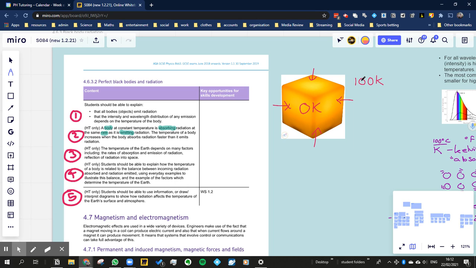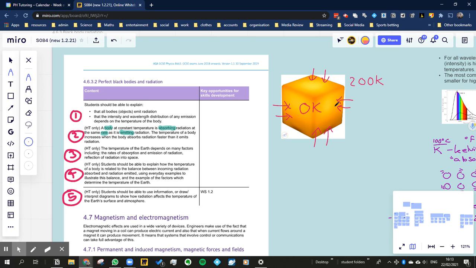Now, if the energy outside was 200, then the energy would be going into the cube much faster, so we can represent that by drawing multiple arrows. More arrows suggest how quickly the energy is going in, so how much energy is passing into that body per second. That's how much it's absorbing the radiation.